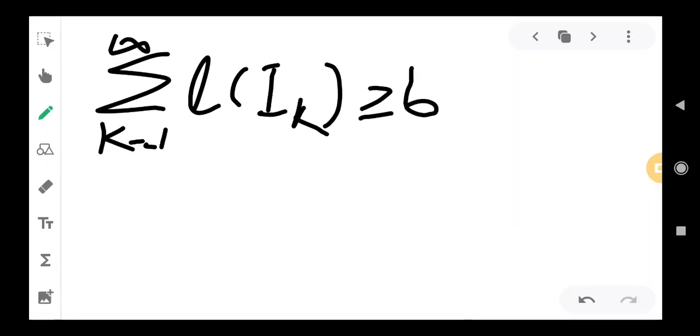So it is enough to show that the summation over K equal to 1 to infinity of the length of I_K is greater than or equal to B minus A. Call it equation number 2.